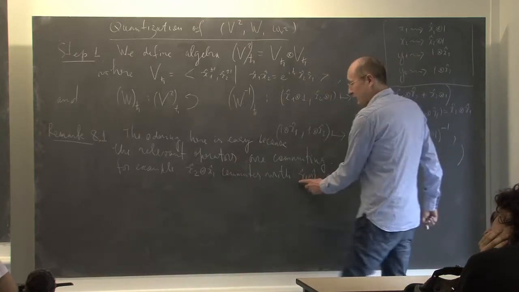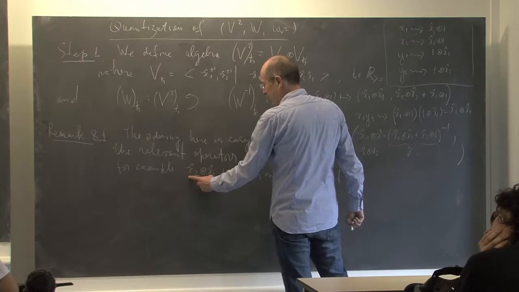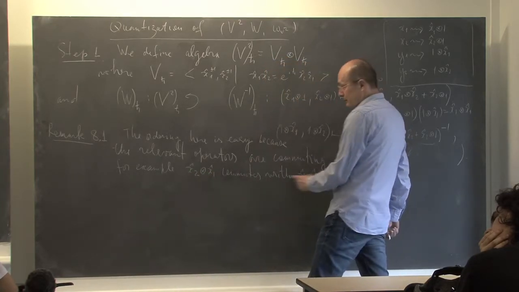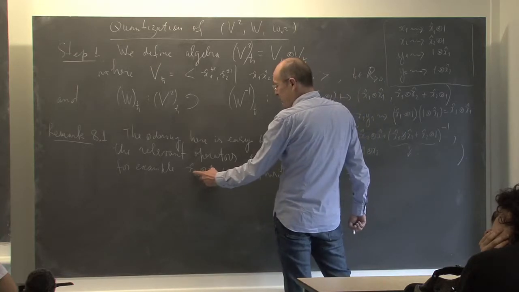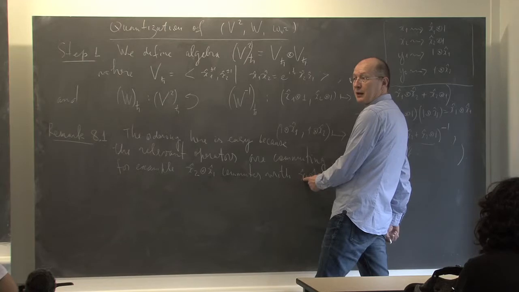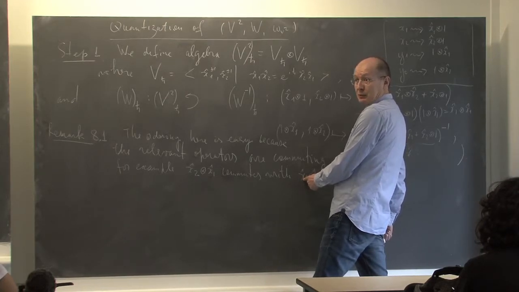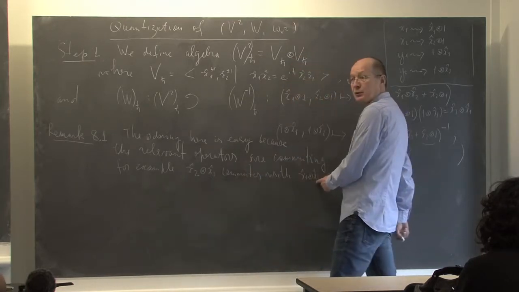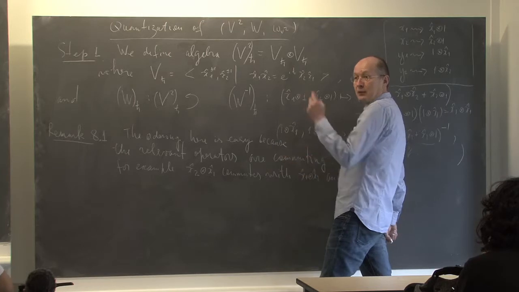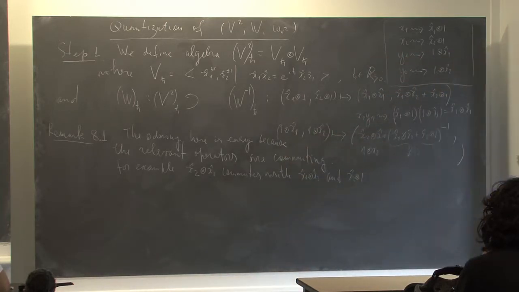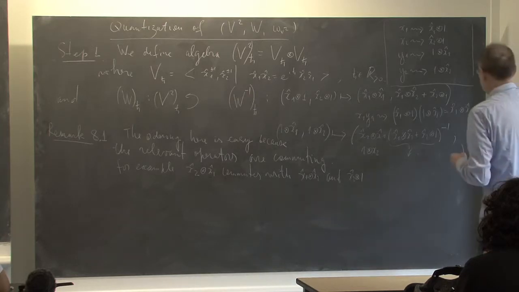But the first commutation is less trivial because x2 does not commute with x1. But if you pass first x2 through first x1 here, you will get the phase e to the power minus i h bar, while on passing the second x1 through second x2, you get the inverse phase. And the two phases cancel each other, and that's why they are commuting.